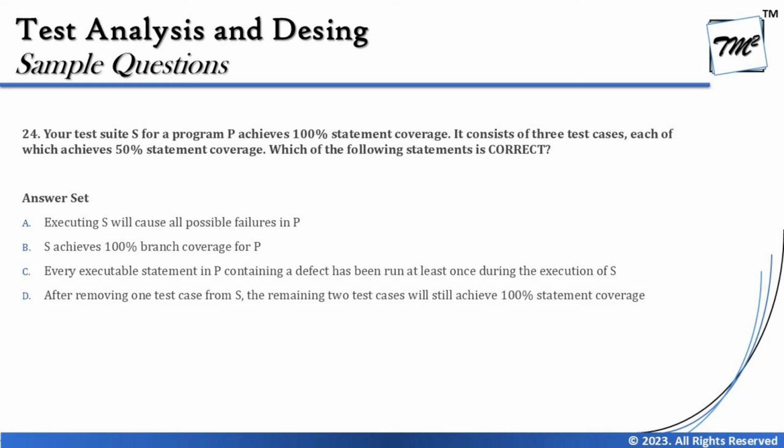Let's go to option C. Option C says every executable statement in P containing a defect has been run at least once during the execution of S. Now, this statement makes sense, the reason being, first of all, every single test being executed is adding some value.